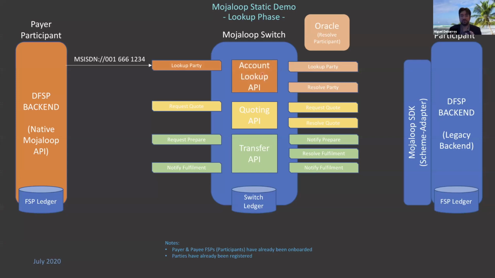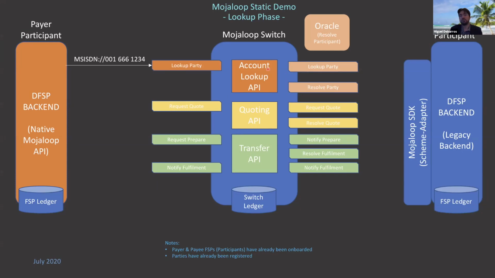And now inside of the Mojaloop switch itself, we have the concept of these oracles. And it's got nothing to do with the database. It's purely just a way, you can think of it as a registry, a component that provides the lookup mechanisms for a specific party identifier, as well as the participants themselves.